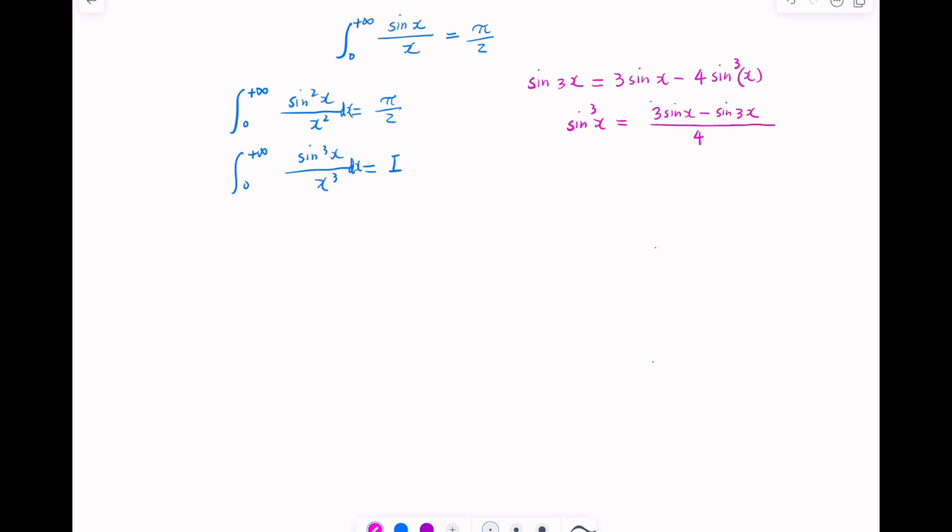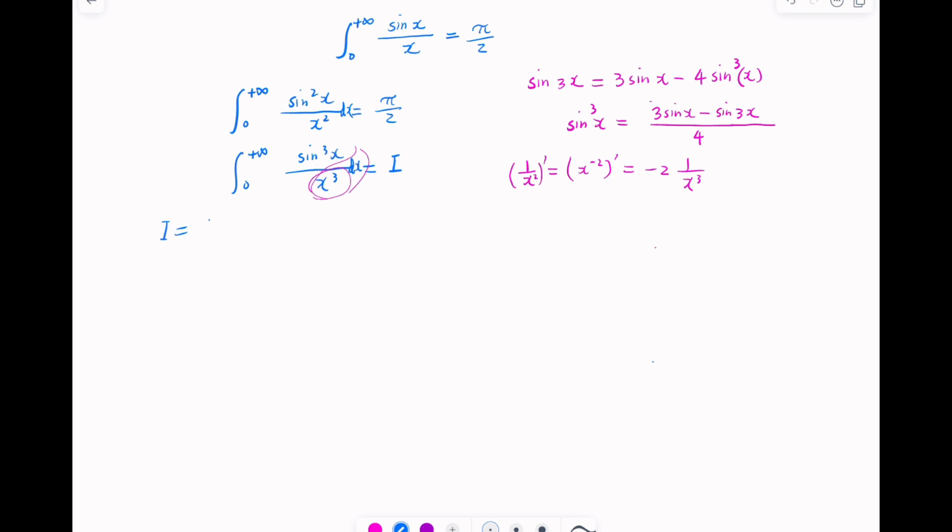Just like earlier, we don't want to deal with this term here. So we would like to treat this as the derivative of something. Of course, we know that for 1 over x squared, in other words, that is x to the negative 2 power, if we take the derivative here, it's going to equal negative 2 times 1 over x to the third. So this gives us a hint. For this I, we're going to use integration by parts again.